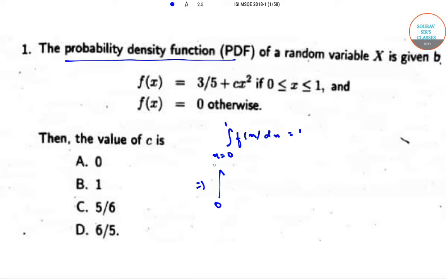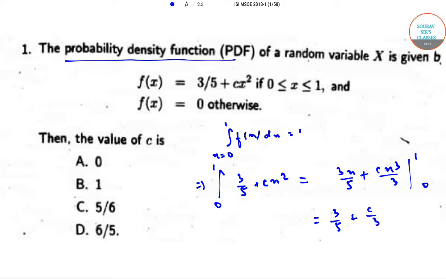So integrating from 0 to 1, 3/5 plus cx squared is equal to 3x/5 plus cx cubed by 3, from 0 to 1. So this gives us 3/5 plus c/3.